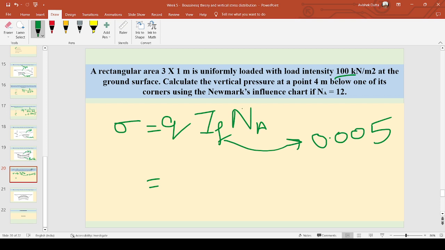Now, in this case, we are not considering 4 meter below the corners, because for 4 meter below the corner, the Newmark's influence chart gives the number of sectors Na equals 12. So, irrespective of the point, if we find the Na from the chart, we can put it directly in this formula and the answer is 100 into 0.005 into 12, which gives a value of 6. Yes, 6 kilonewton per meter square.